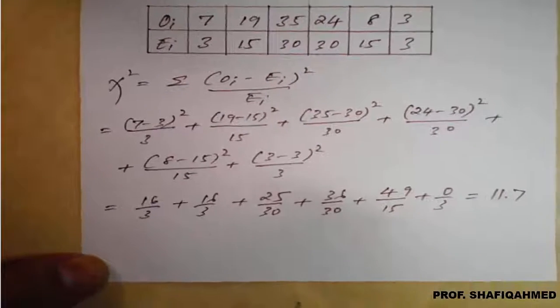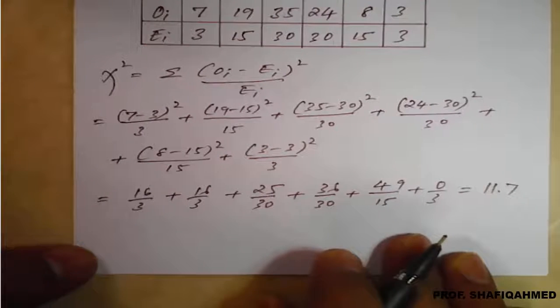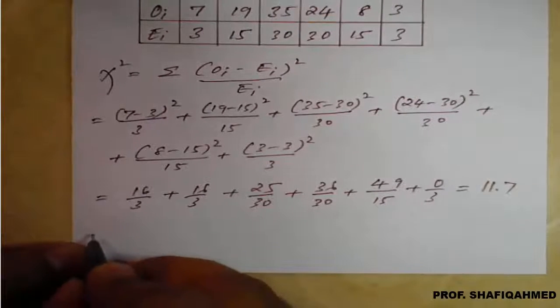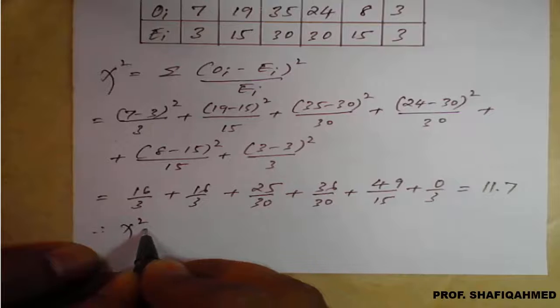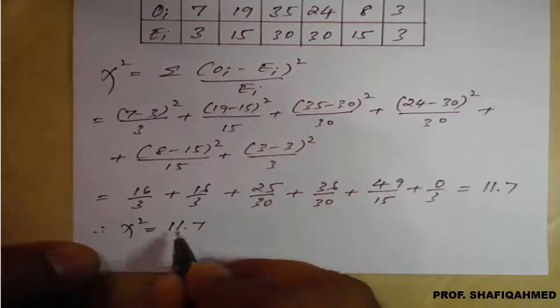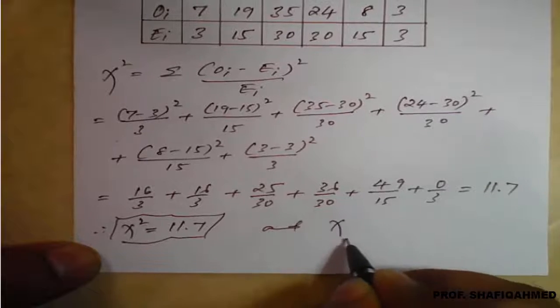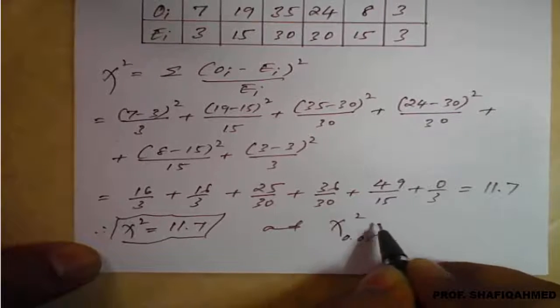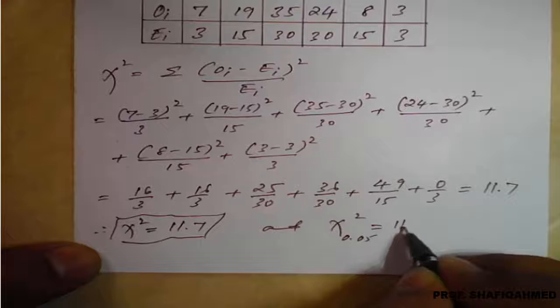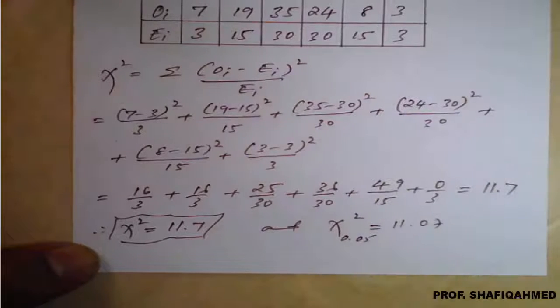So therefore chi-square is equal to 11.7, and we have chi-square of 0.05 as 11.07. So what can we say here?